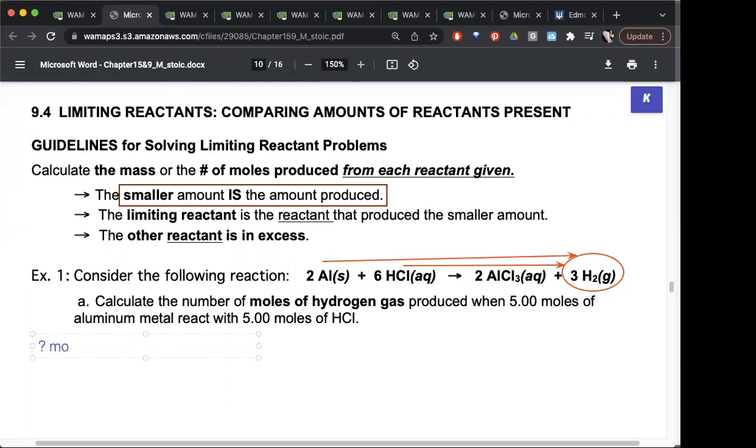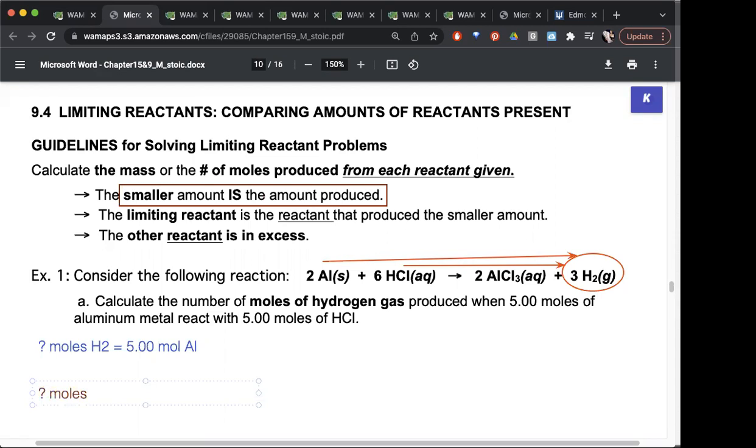How many moles of H2 can we get if we start with 5.00 moles of aluminum? So that's one calculation. Oh, and let me go ahead and start the next one. I'm going to do 2 parallel calculations because we were given 2 reactants.